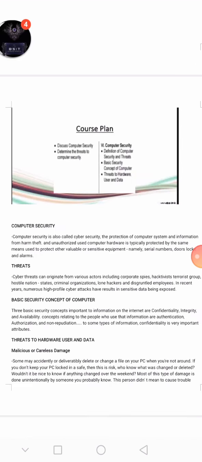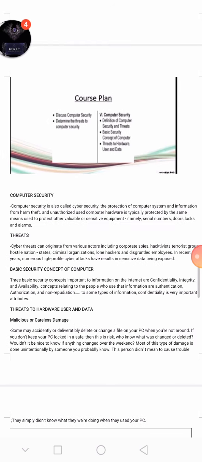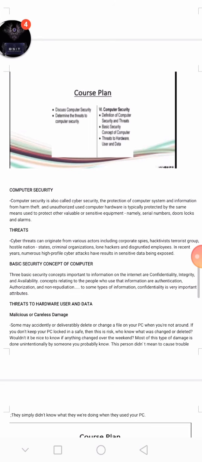Course plan. Computer security. Definition of computer security. Security and threats. Basic security concepts of computer. Threats to hardware, user, and data. Computer security, also called cybersecurity, is the protection of computer systems and information from harm, theft, and unauthorized use.